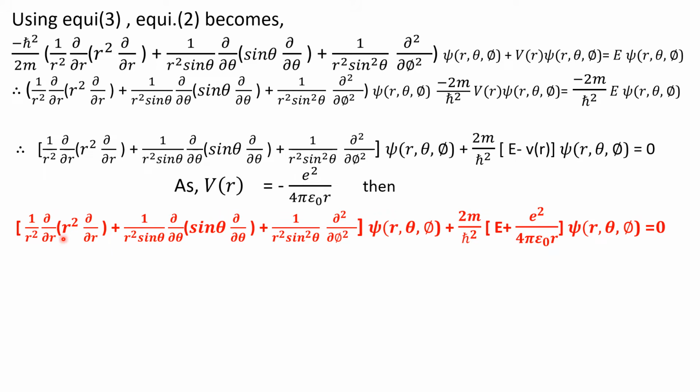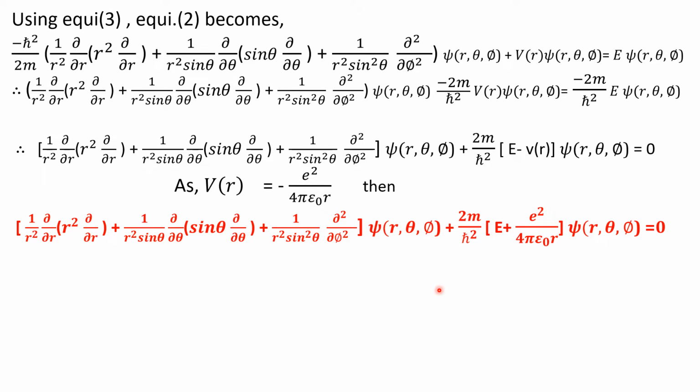That value we substitute here and simplify the equation: 1 upon r square d by d r into r square d by d r plus 1 upon r square sin theta into d by d theta sin theta d by d theta plus 1 upon r square sin square theta into d square by d phi square into psi r theta phi plus 2m by h cross square into bracket E plus e square divided by 4 pi epsilon 0 r into psi r theta phi equal to 0.